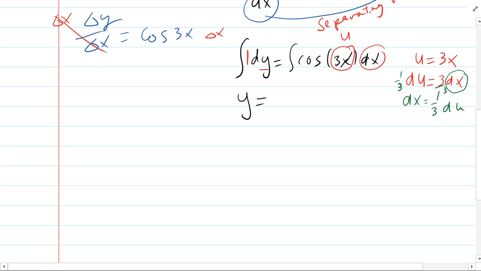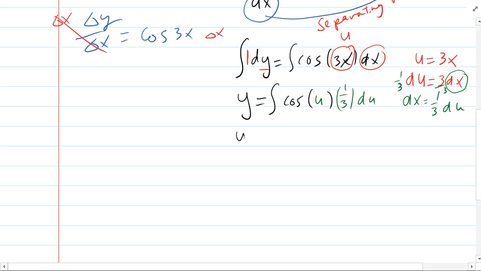If I do the substitutions in here, I'm going to write it all out for y'all first. So I have the integral of cosine, and I'm going to put my u in here, and my 1/3 du here. Can I pull the 1/3 all the way out in front?